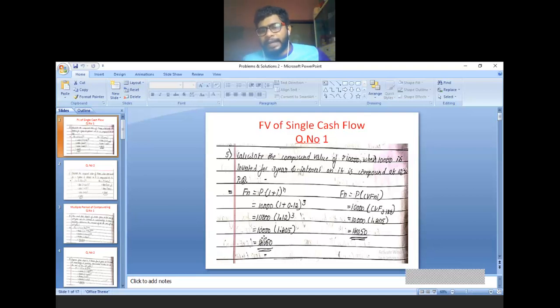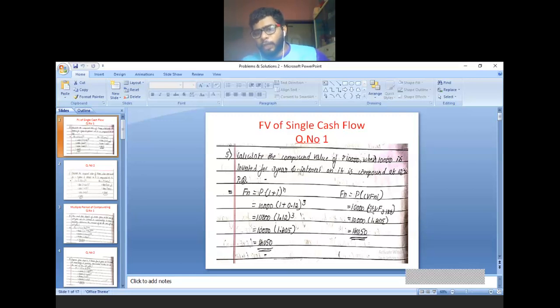Then don't directly multiply with the 10,000 rupees. Press separately 10,000 into 1.405. For the long digit, if you multiply 10,000 rupees you will get a slightly different answer. Therefore, take the 3-digit value, then press separately and multiply. So the value is 14,050.